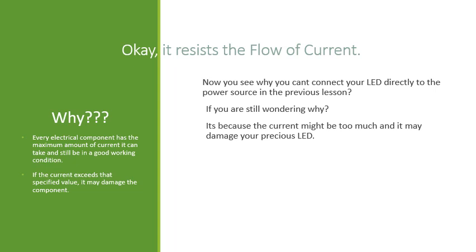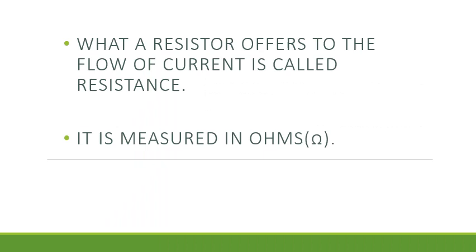Okay, so what is the solution? You add a resistor to it. Now we are going to look at how you can do that. But before we get to that, let me explain some basic things.